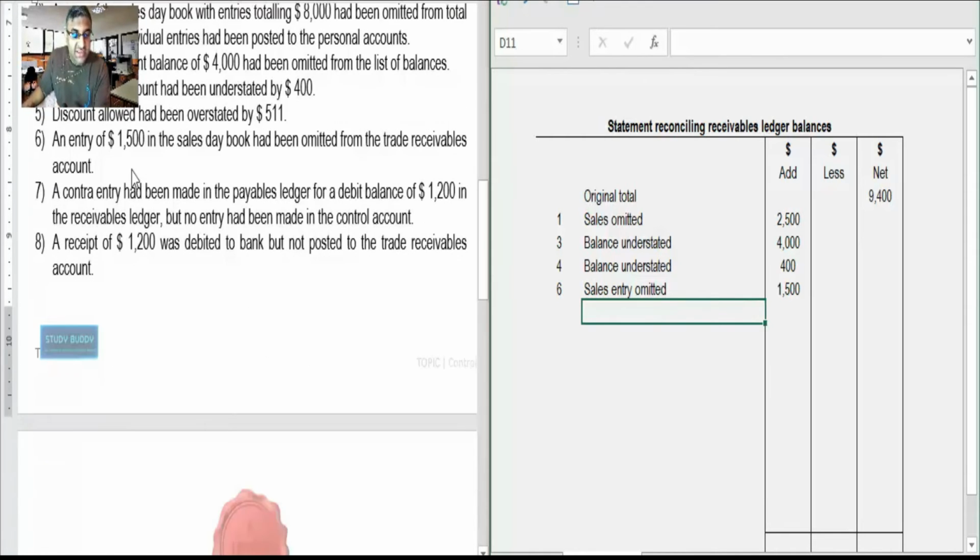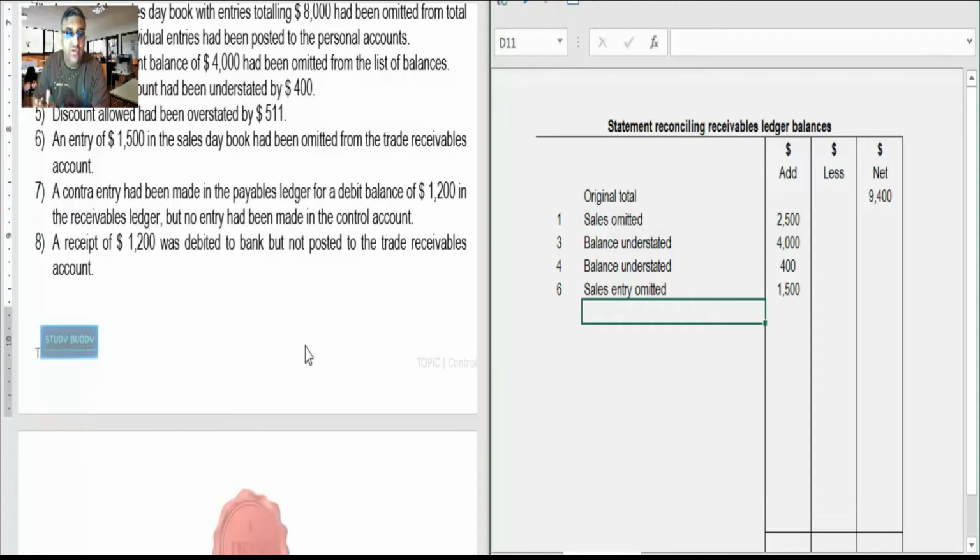Error number 7. A contra entry had been made in the payables ledger for a debit balance of $1,200 in the receivables ledger, but no such entry has been made in the control account.